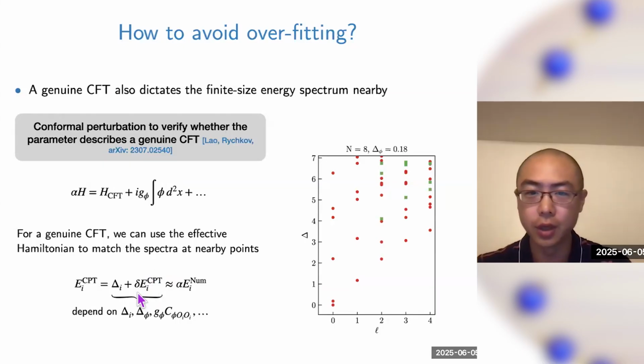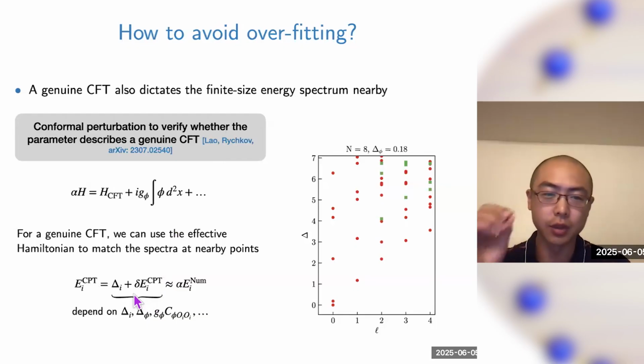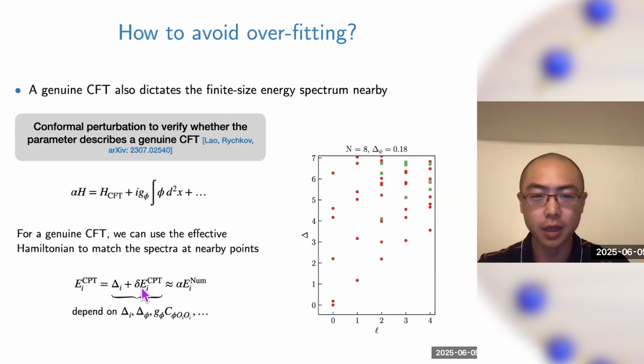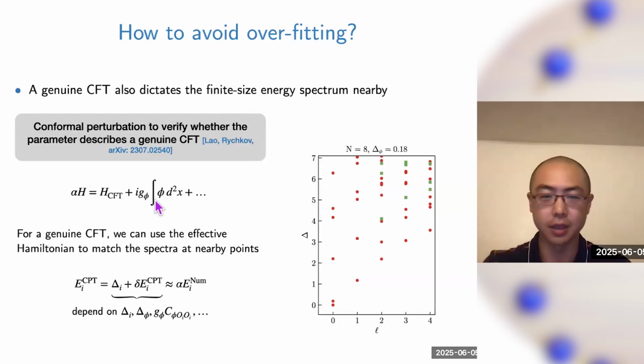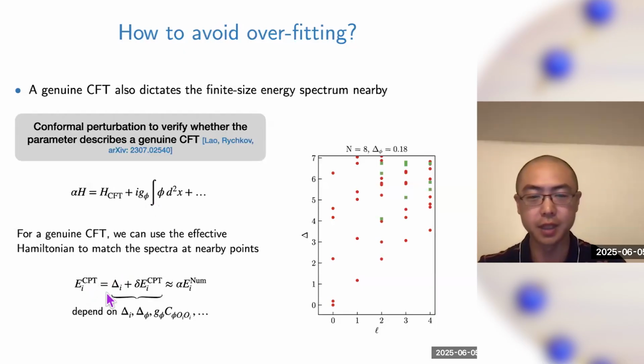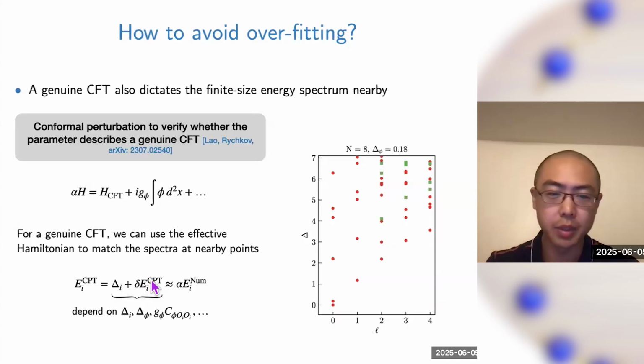So what we are going to do following this paper is we do the tree level or first order conformal perturbation to calculate how the presence of this relevant operator shifts energies of different states. So we have a state labeled by i, and Delta_i is its value at the CFT point, and then we can compute this delta E using conformal perturbation.